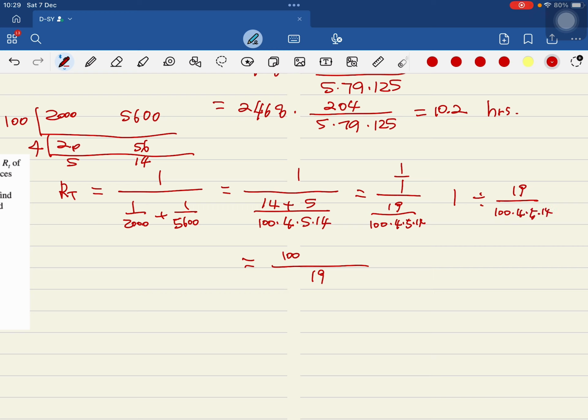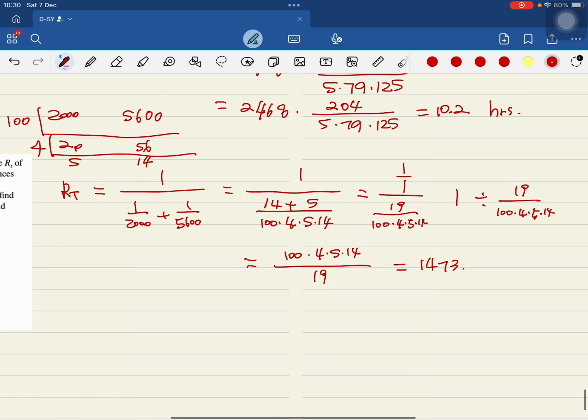So we need to make it reciprocal: 104, 5, 14 divided by 19. This is also by calculator. So 1470 over 19 is 3.68 ohm, to 2 decimal places.